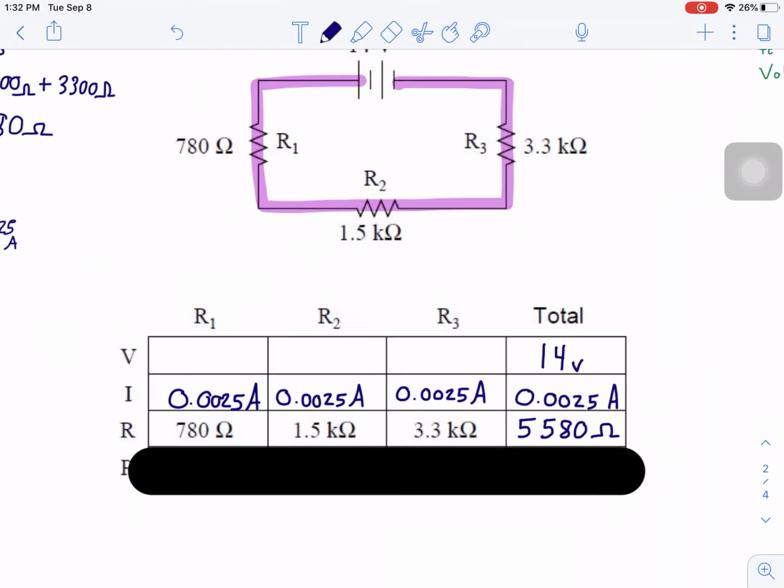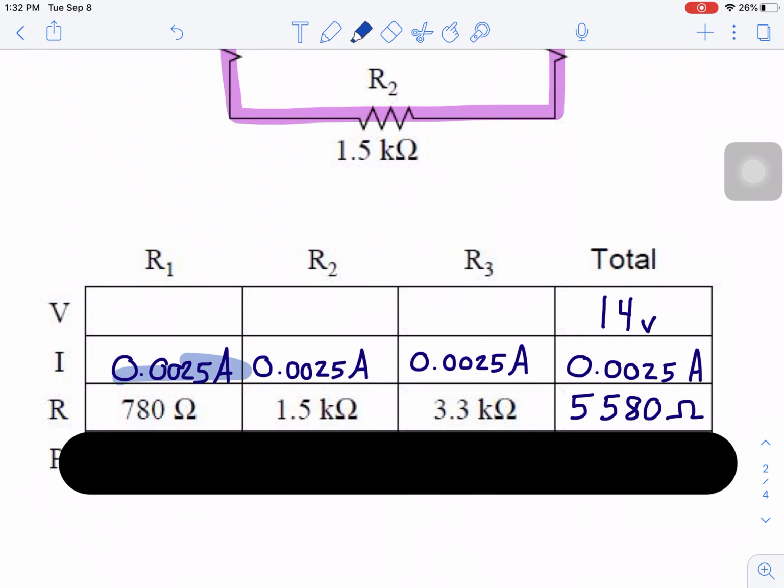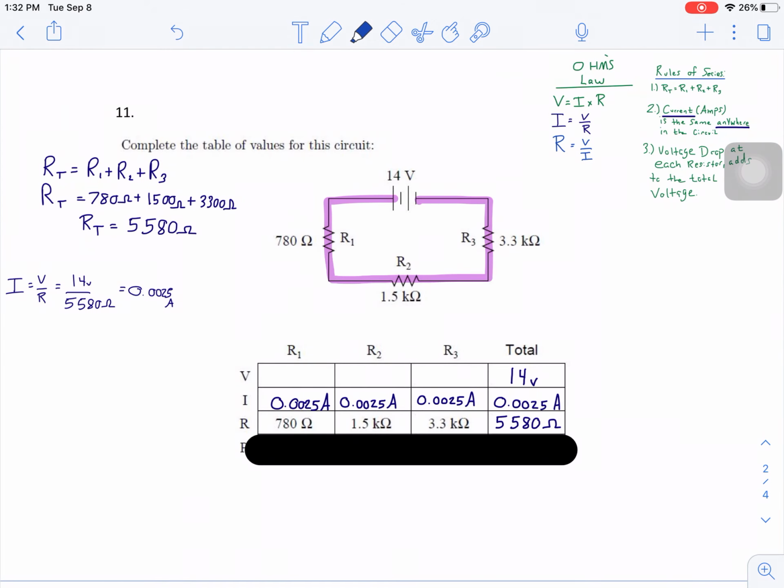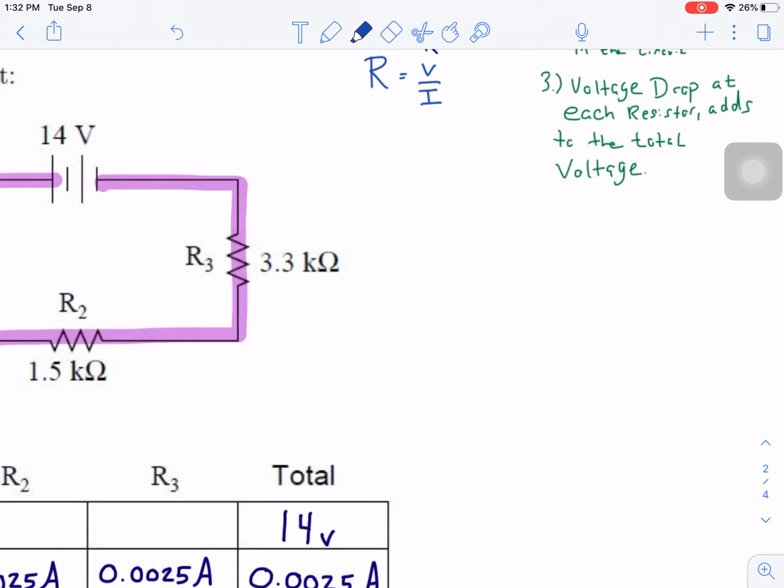Okay, so we filled out now these 3 spots we didn't know before. And we fill them out because we know that the current everywhere at R1, R2, and R3 must be the same as our total. Okay, so what should we do next? I see that there's a rule about voltage drop.